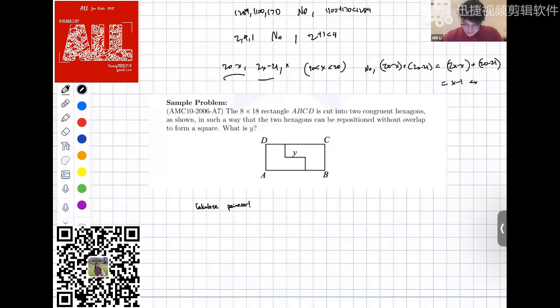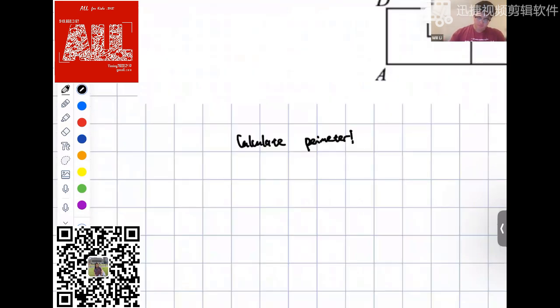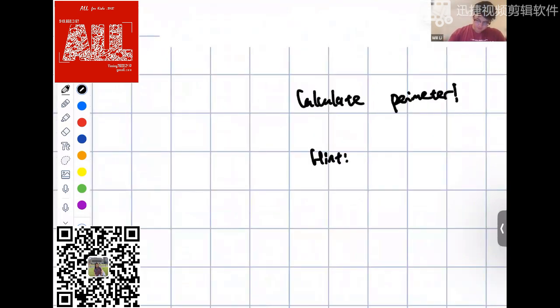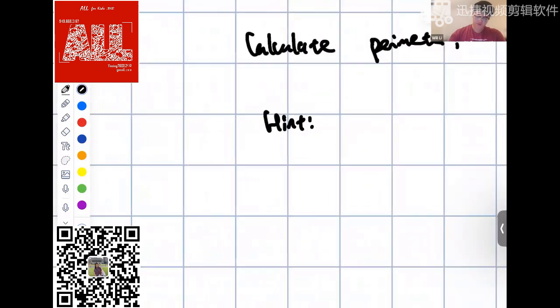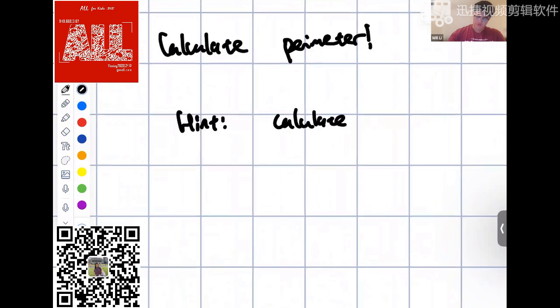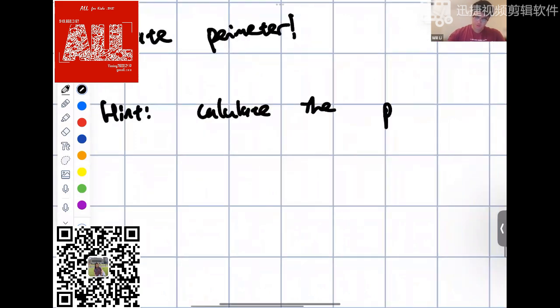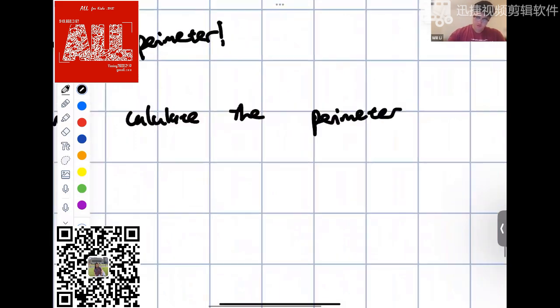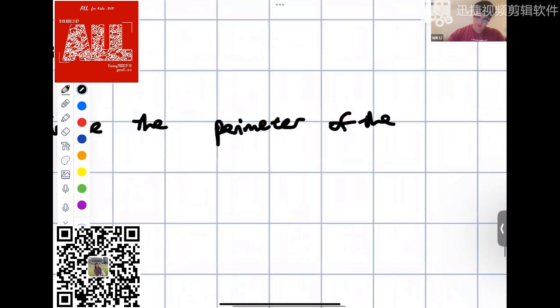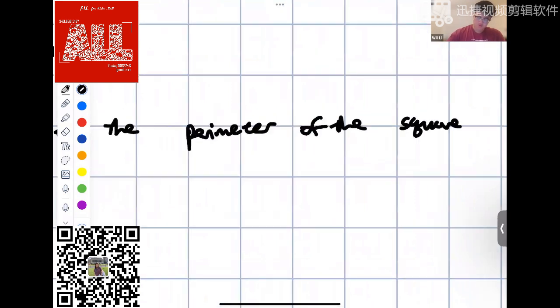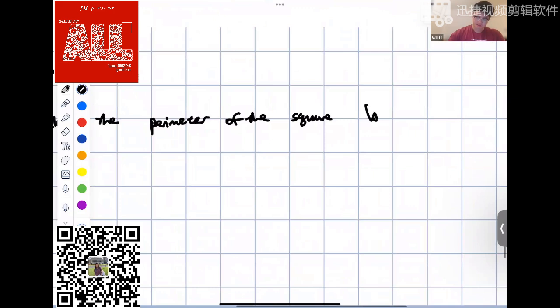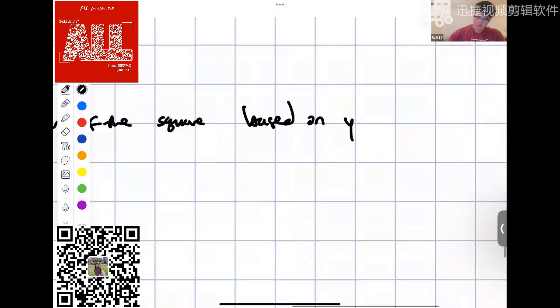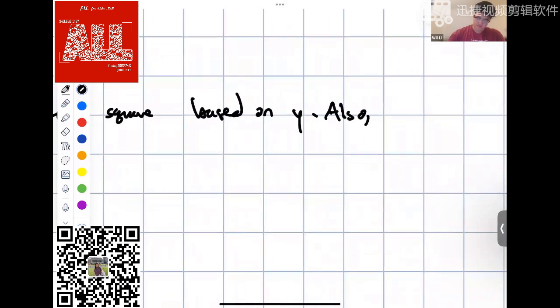going over it. And just a hint, calculate the perimeter of the square based on y. Also, a square must have 4 equal side lengths.